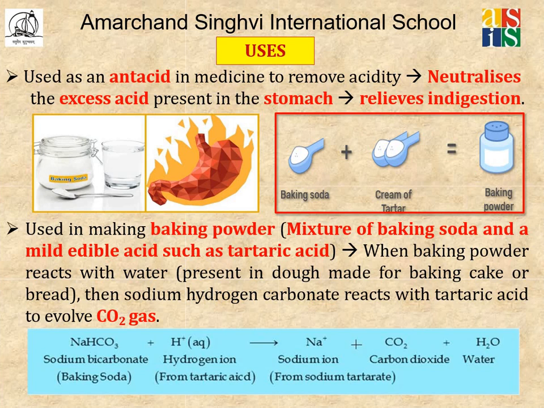In the equation you can see that H+ ions are released from tartaric acid and the products obtained are sodium ion, carbon dioxide and water. These sodium ions then combine with tartaric acid to form sodium tartarate.